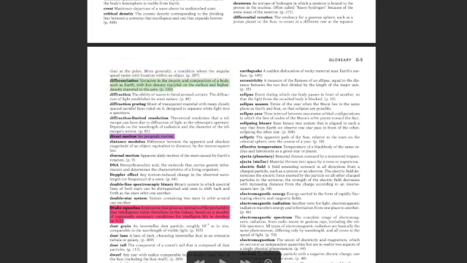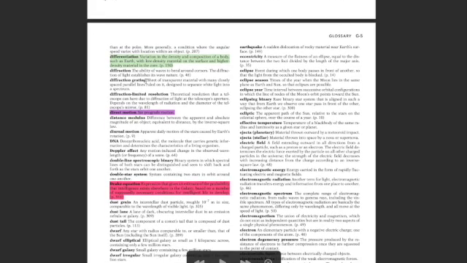Next is differentiation. It is the variation in the density and composition of a body, such as Earth, with low density material on the surface and high density material in the core. High density material is always present inside the body because of its high density, and the low density material always floats over the high density.